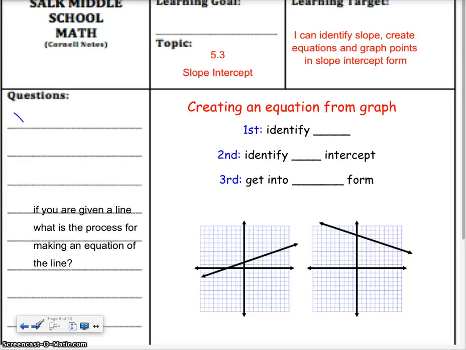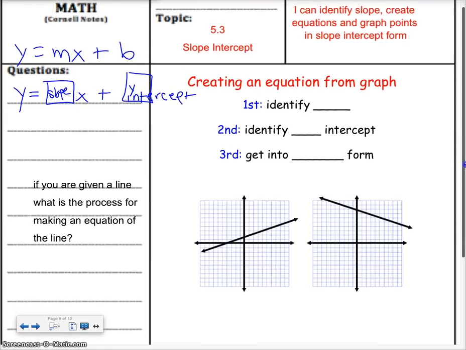It should always be y equals your slope times x plus whatever your y-intercept is. Y equals mx plus b. So that's how it's going to look. You just have to do a couple of things before you write it. It's just as easy as the other one.